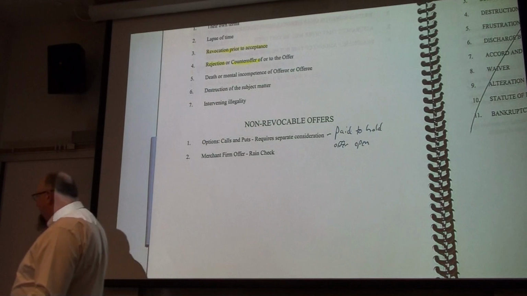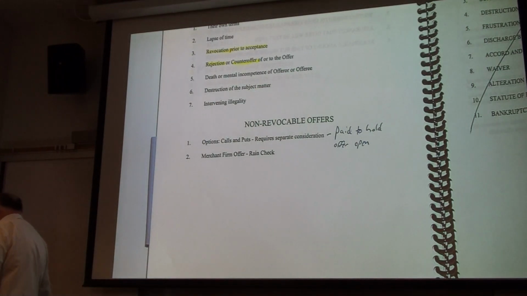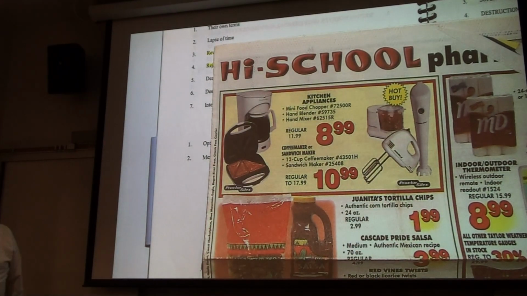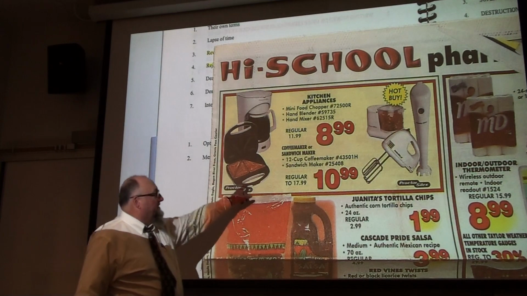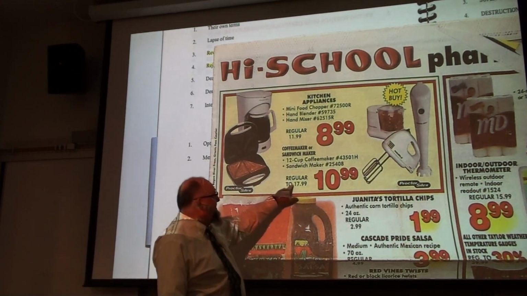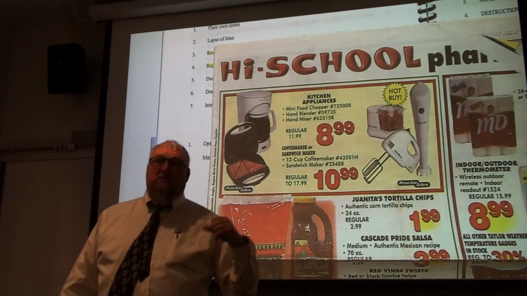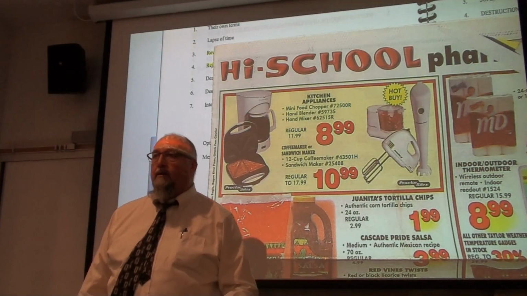So if I go down to the store, well, let's see here if I've got an example. Actually, we're going to go to High School Pharmacy this time. So they have a sandwich maker for $10.99, regularly $17.99. So I go to High School Pharmacy, they're out of them because everybody wants to get a sandwich maker.